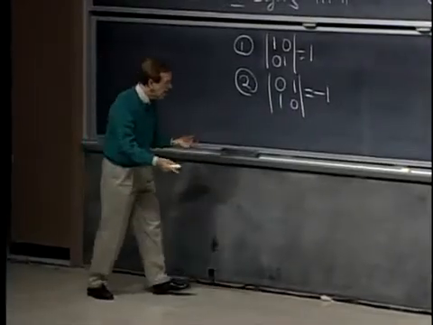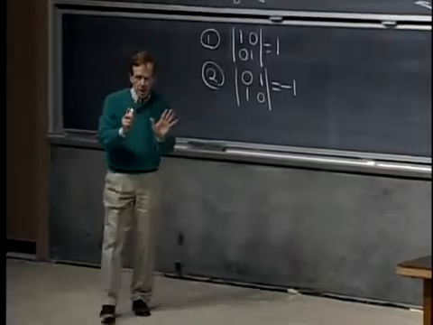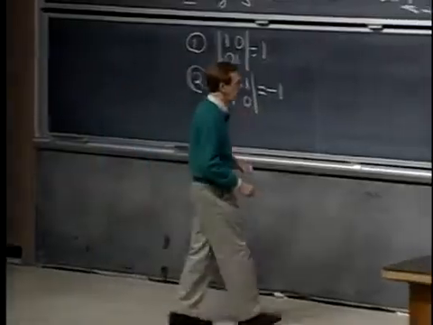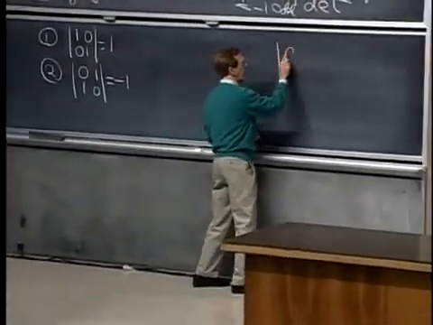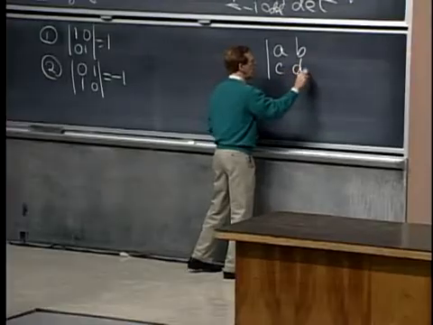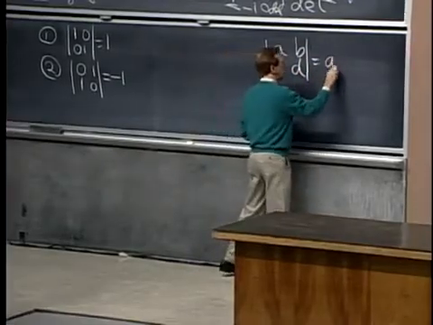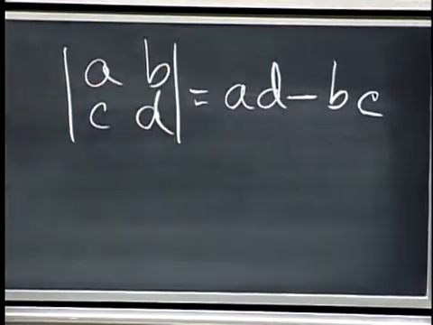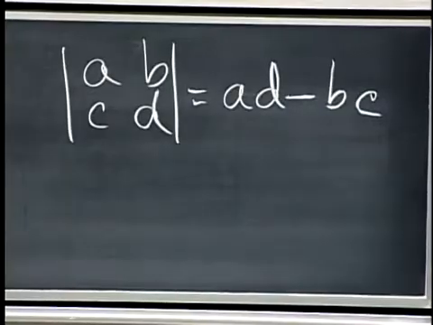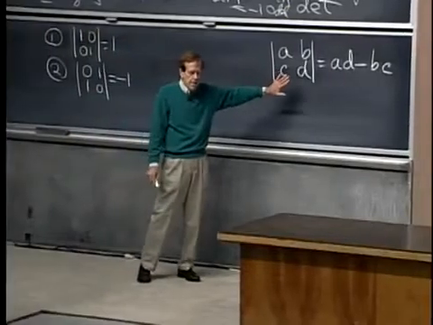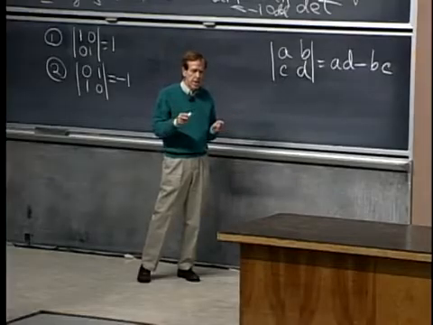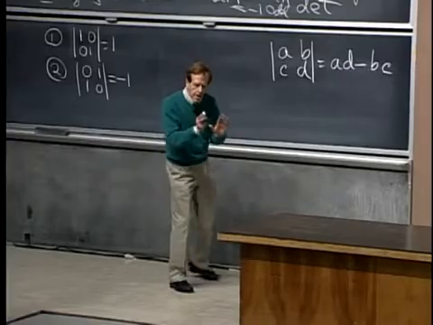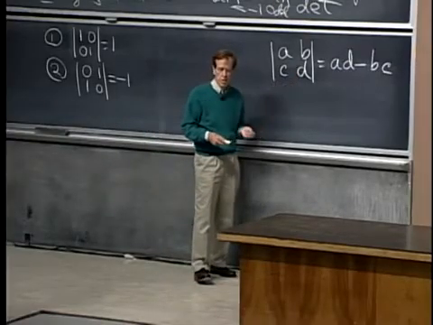And now ultimately I want to get to the formula that we all know. Let me put that way over here: the determinant of a general 2 by 2 is AD minus BC. Okay. I'm going to leave that up as the 2 by 2 case that we already know, so that for every property I can check that it's correct for 2 by 2s.